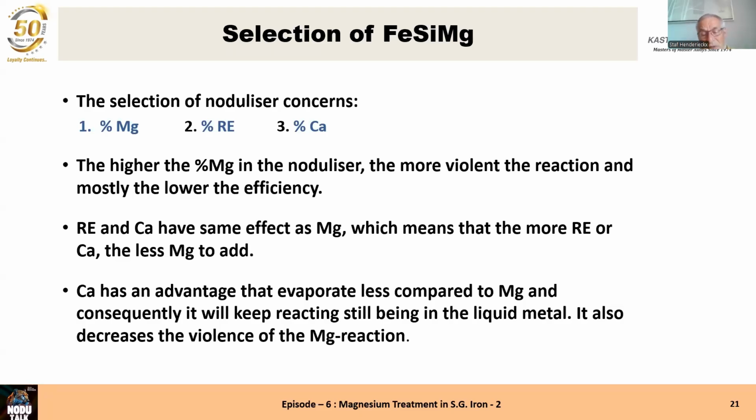If magnesium is reacted with magnesium oxide, it disappears immediately, but calcium not. And consequently, it will keep reacting in the liquid metal. It also decreases the violence of the magnesium reaction. So pay attention, the amount of calcium in the ferrosilicon magnesium you buy is important.